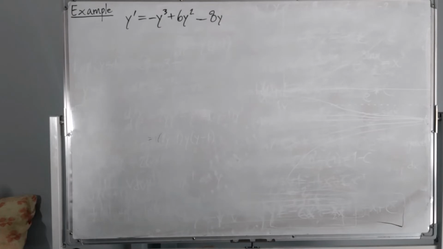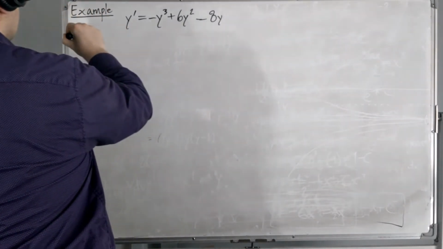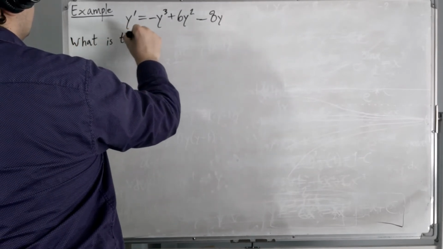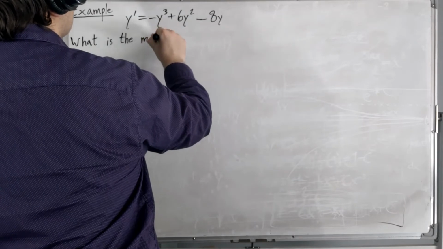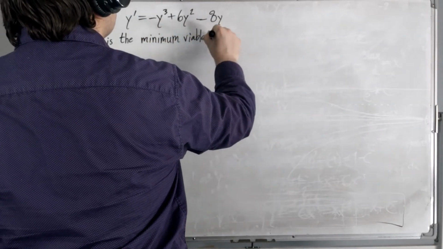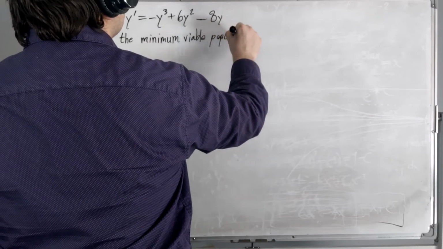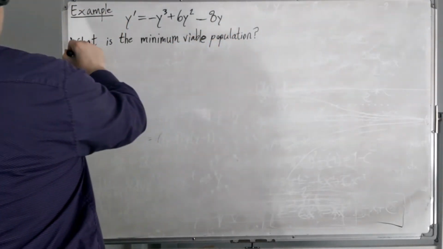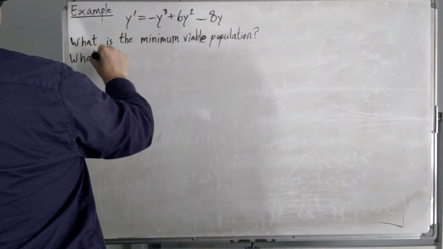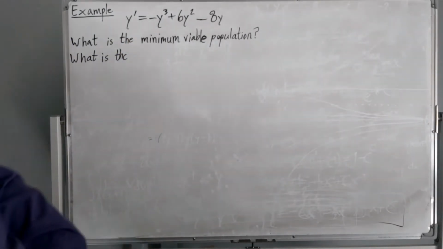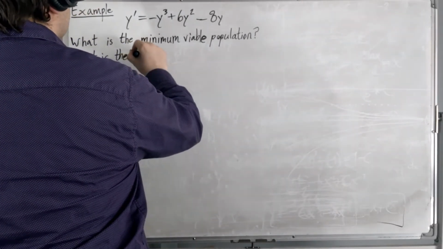So the question is, what is the minimum viable population and what is the maximum sustainable population?